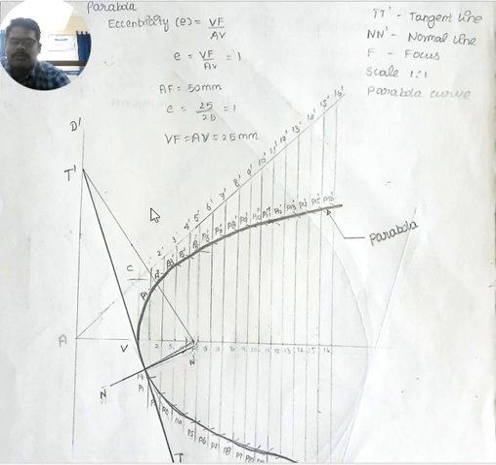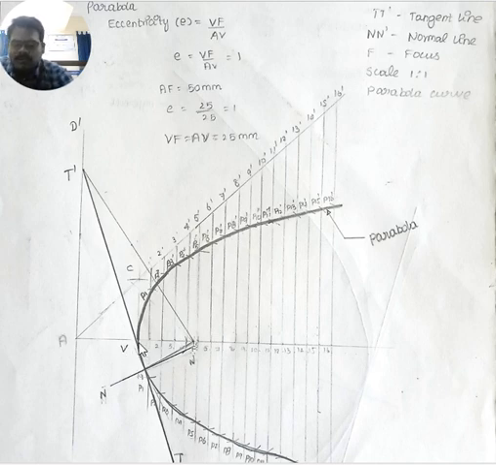So if it is 1, the moving point will be exactly at the midpoint of the focus and directrix. Here the distance between the directrix and the focus is 50 mm, so the moving point's distance from directrix will be 25 mm. Similarly, the moving point's distance from focus will be 25 mm. So by taking 25 mm distance from either focus or directrix, mark a point on the axis line and name it as V.